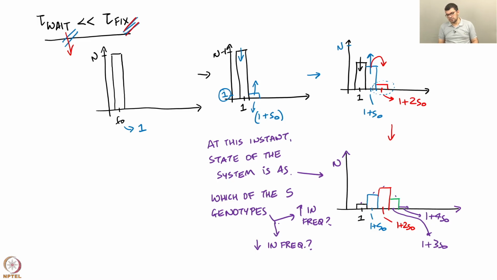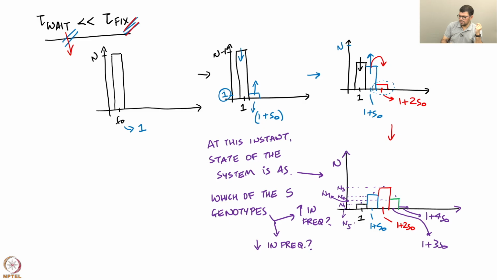So, in order to think about this, what we should do is go back to the lesson that we learnt when we were discussing 2 competing genotypes in a chemostat. Let us say the number of individuals of the black genotype is N1, the number of the blue genotype is N2, this is N3, N4, and N5 for the last one.